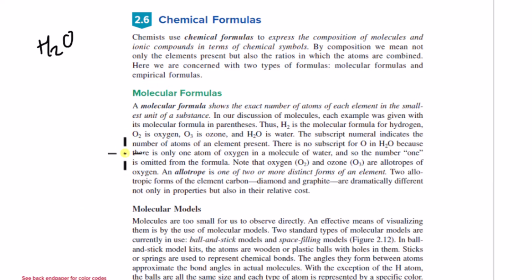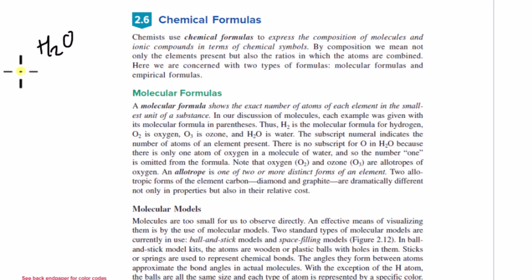So with molecular formulas, it's just what the name is saying. It's a chemical formula, just like this, that's associated with a molecular substance, a substance that when you zoomed in on it, you could identify the different molecules, that's composed of molecules.